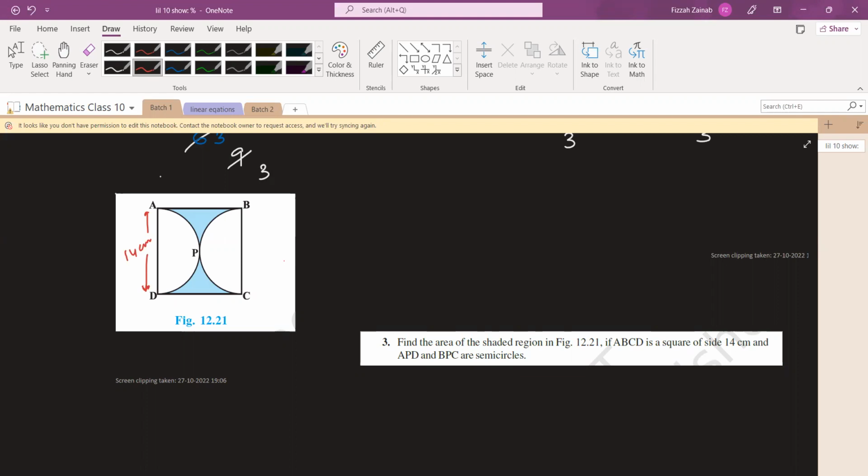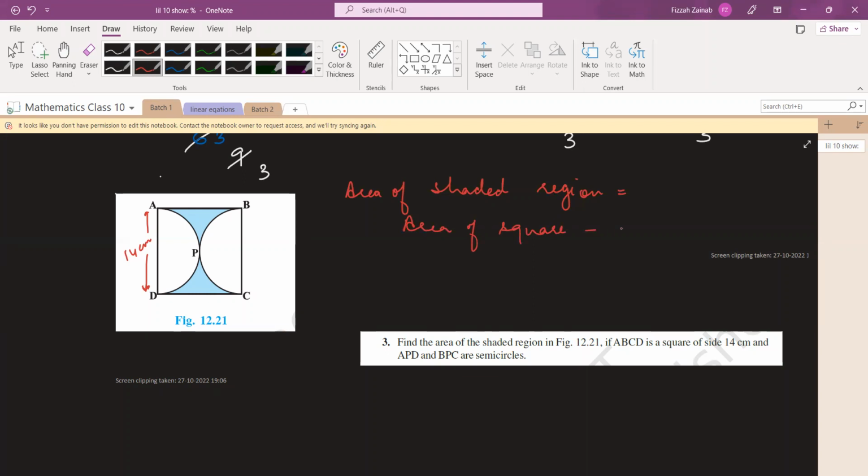To find the area of the shaded part: area of square minus area of two semicircles. Exactly, that's it, correct? So area of shaded region here will be equal to here area of square, correct?